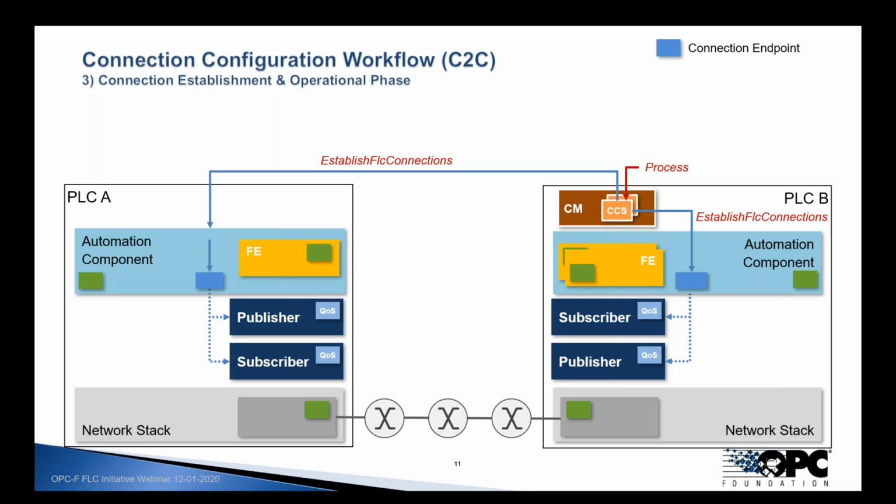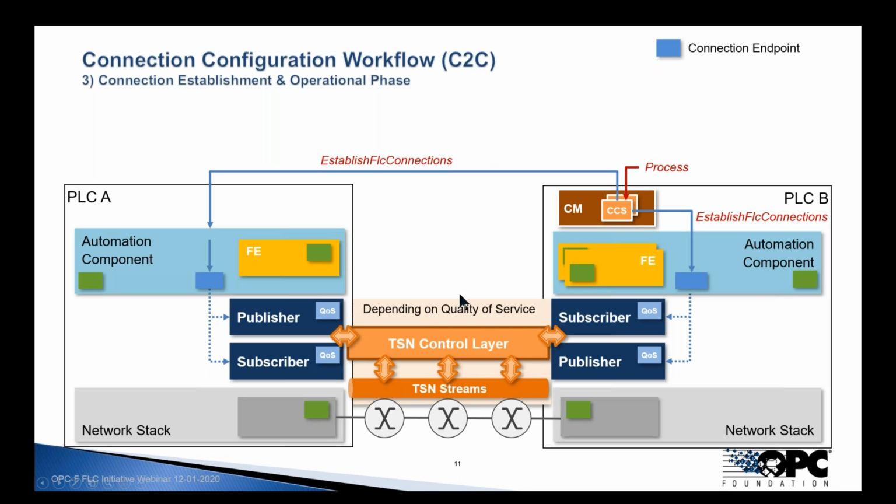If we have a TSN related quality of service, we need to establish a TSN stream, using the TSN control layer, and then the data is flowing if the TSN stream is established.